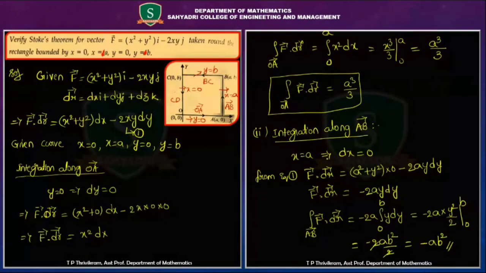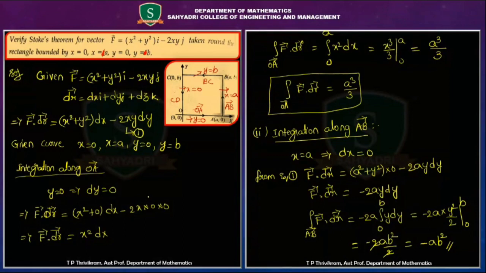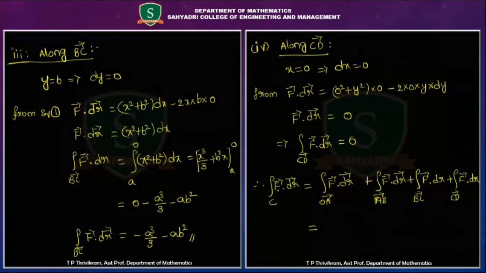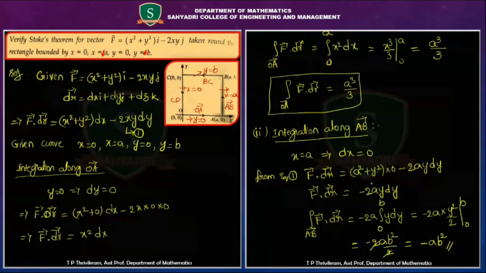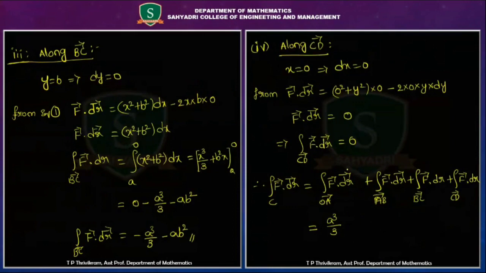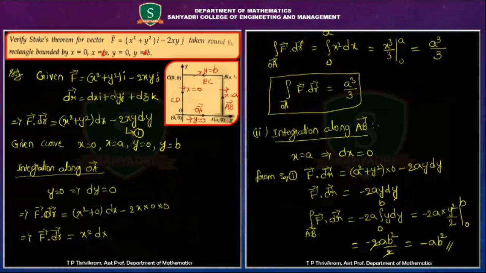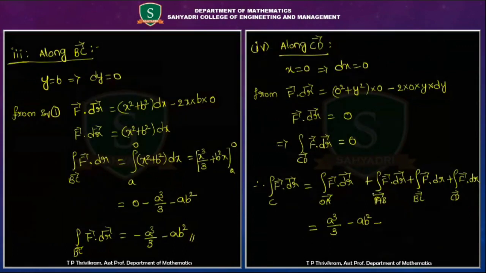So this one equal to, how much you get? A cube by 3 next minus AB square, next third one minus A cube by 3, minus 2, sorry, minus AB square plus 0.